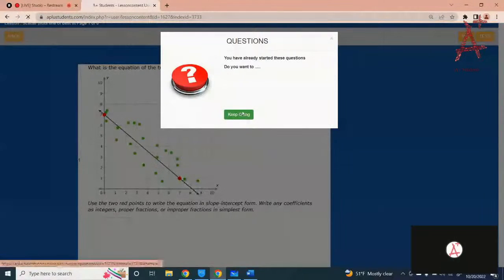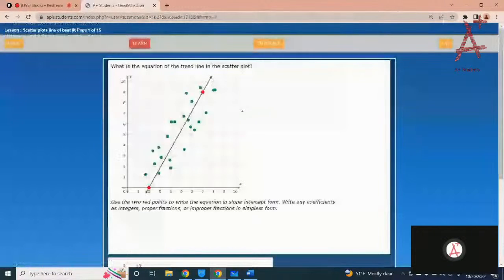What is the equation of the trend line in the scatter plot? Use the two red points to write the equation in slope intercept form. Write any coefficients as integers, proper fractions or improper fractions in simplest form. So let's use these red points to find the slope and then the y-intercept.